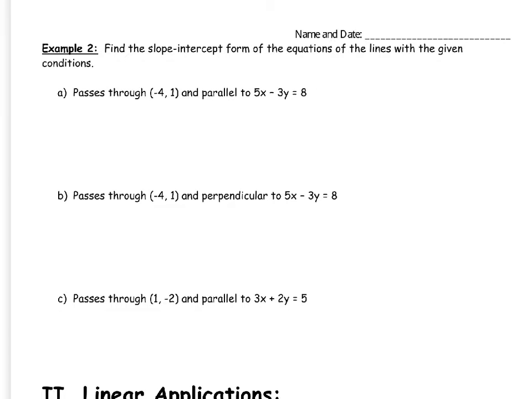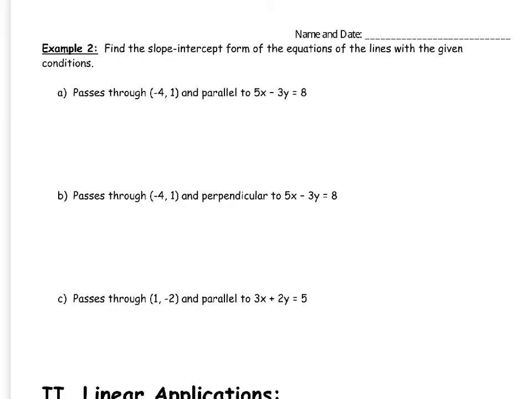Example 2 asks us to find a slope-intercept form equation that fits the given conditions. I will try example 2b with you, and then I'd like you to pause the video and try examples 2a and c. So for b it says, find a slope-intercept form equation that passes through -4, 1 and is perpendicular to the equation given.